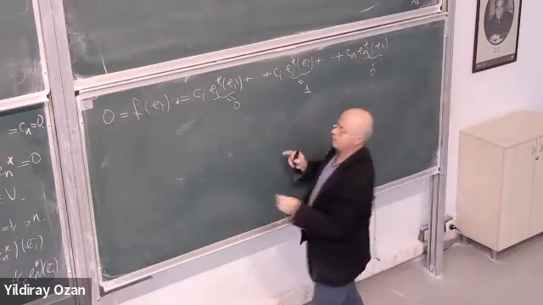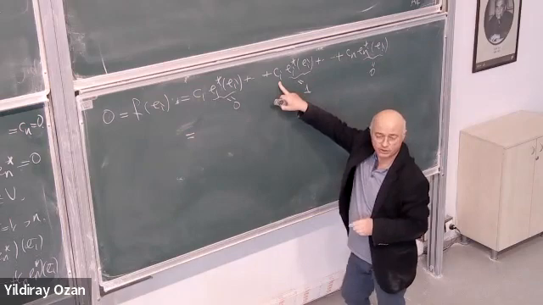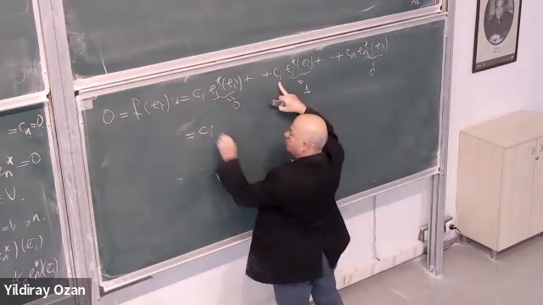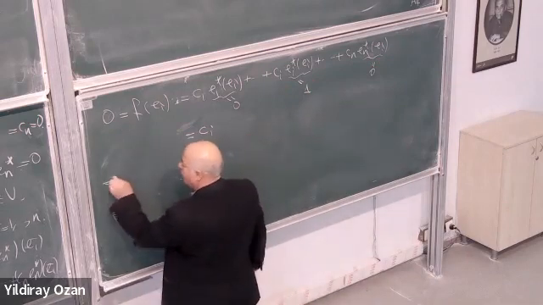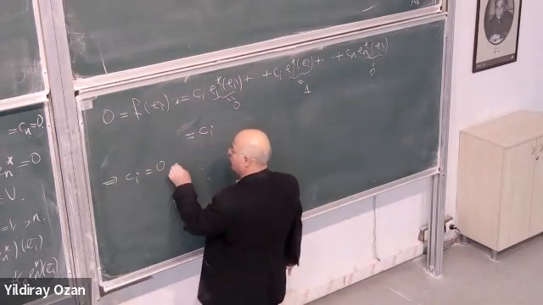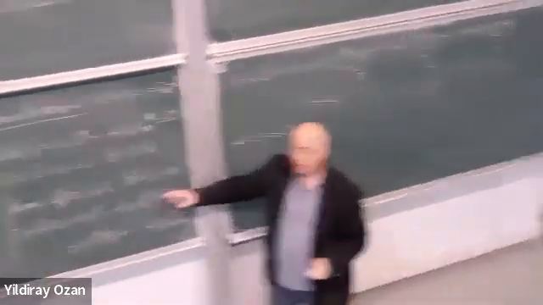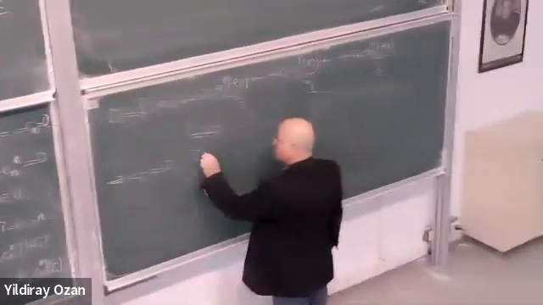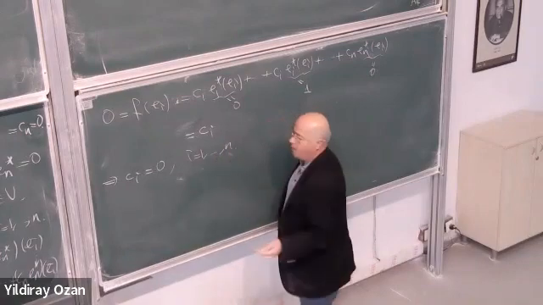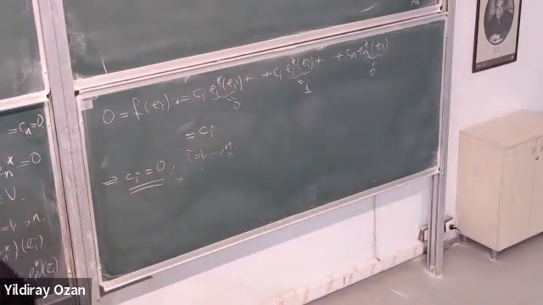So there is only one non-zero term, and it is 1, and the coefficient is just Ci. So what we get is Ci is 0. So this is exactly what we want. So Ci is 0, and here i can be anything from 1 to n. Therefore, this is for all i. And this is exactly what we need, right? I took this linear combination.